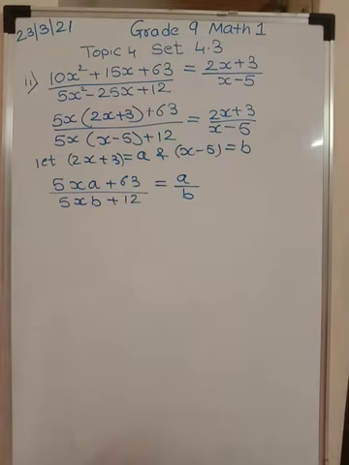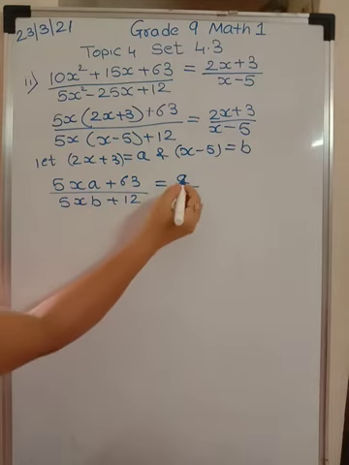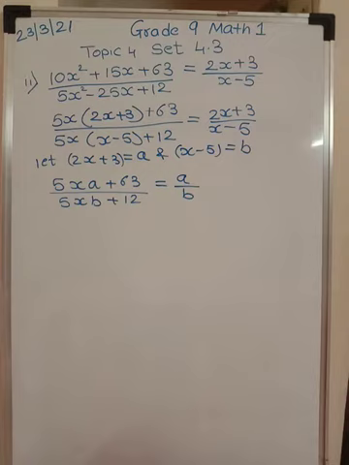Okay. Now I am going to cross multiply these two. So b I am multiplying over here, with a I am multiplying this 5xb plus 12. So what are we going to get? I am going to write here b into 5xa plus 63.